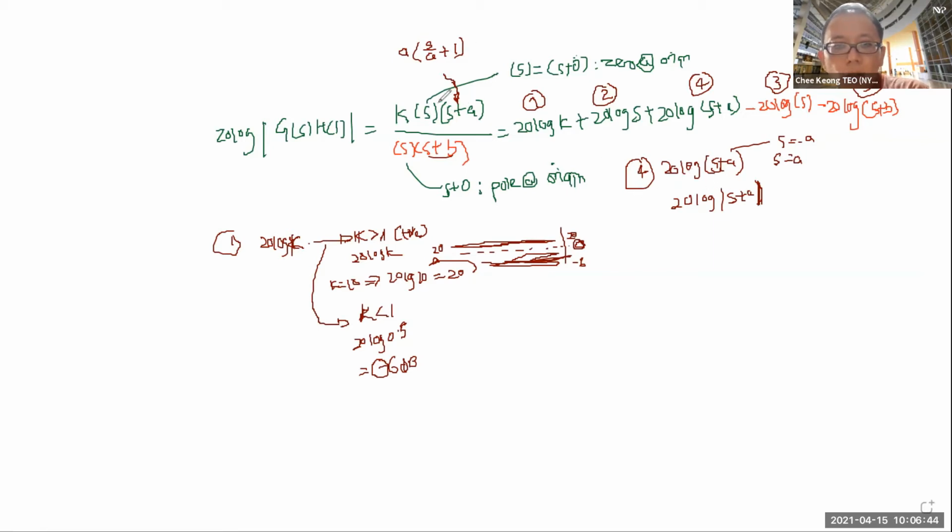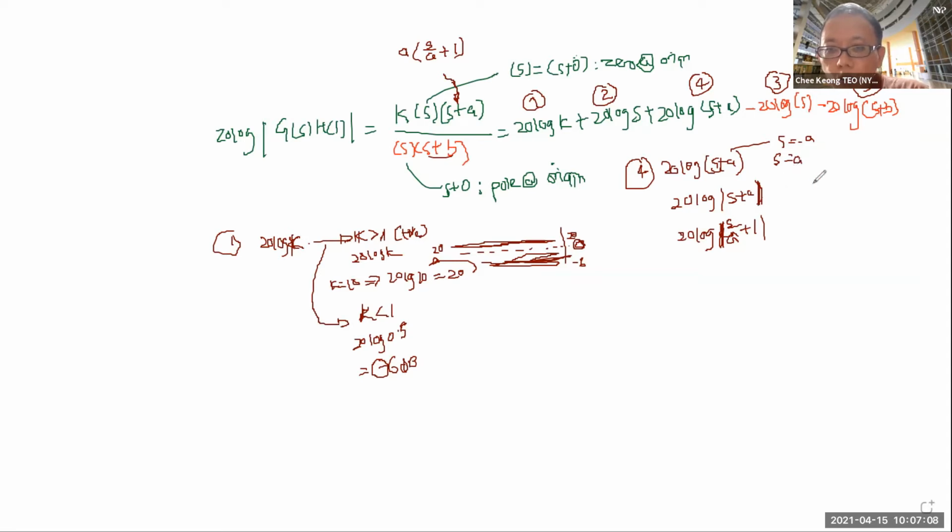So that's why, on that page just now, we were talking about this form, basically 20 log of s over a plus 1, and not this form, but they are essentially the same thing, right? Whether it's 20 log s plus a or 20 log s over a plus 1, it's the same thing. Why?